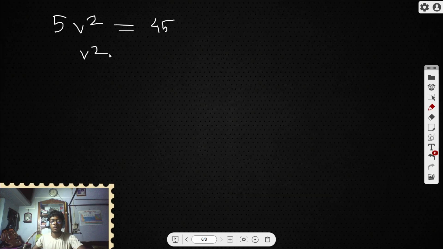Now v square is nothing but 9, so v is equal to plus 3. This is plus 3 because I have taken the velocity direction in only that direction. So the magnitude of velocity will be 3 meter per second.